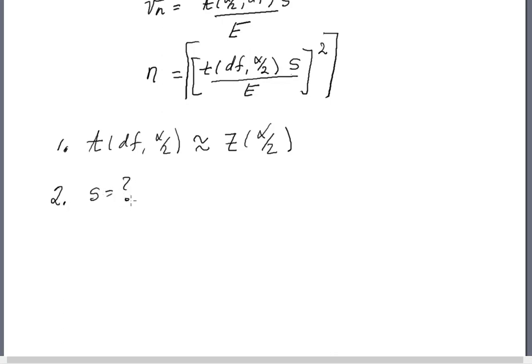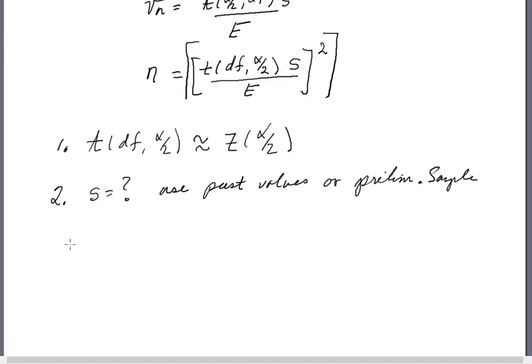Well, we go through historical records, we Google what the S might be, or if all else fails, we take a small, preliminary sample, maybe of 10 melons, and we calculate S based on that preliminary sample and use that as our value of S. So we use past values, or a small preliminary sample. And that will give us a value of S that we can plug in right here.